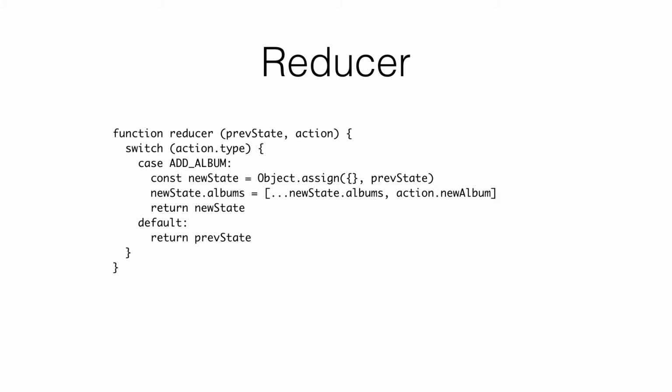One question you might have is, why is this a switch statement? What's that? Oh yeah, so object assign assigns all of the key value pairs from its second argument into its first.